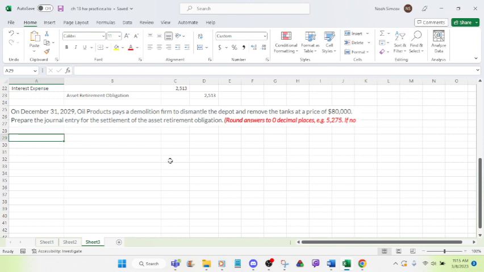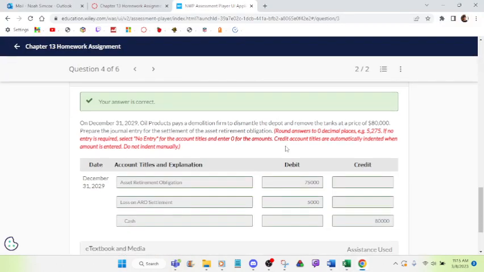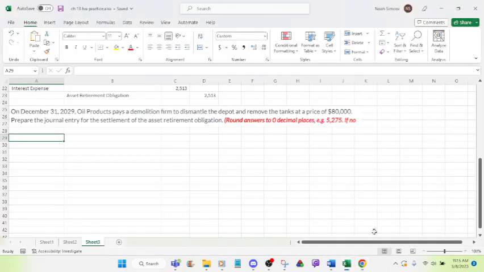Is it just one journal entry? Oh my god. Like, you have to record all the depreciation and all the other stuff from before as well? I just need to quickly glance at it. Nope, it's just one journal entry.